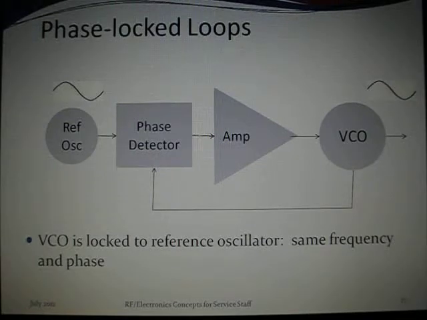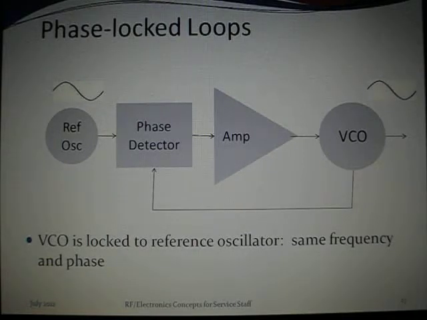Phase-locked loops. Phase-locked loops are used in a wide variety of commercial and consumer electronics devices. Some examples could be radios, cell phones, TV, GPS, DVD players, and many others. They can be extremely complex or relatively simple, but most all have four basic components: a voltage-controlled oscillator, a reference oscillator, a phase detector, and an amplifier low-pass filter stage.